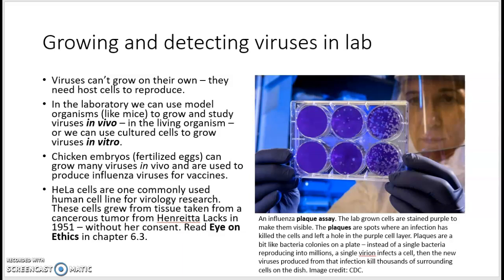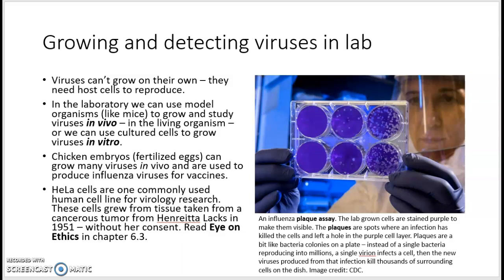We can use model organisms like mice to grow and study viruses, what we call in vivo, or in the living organism. Or we can use cultured cells to grow viruses in vitro, a Latin term that means in the glass. We also use chicken embryos or fertilized eggs that can grow many viruses in vivo and are used to, for example, produce influenza viruses for vaccines.